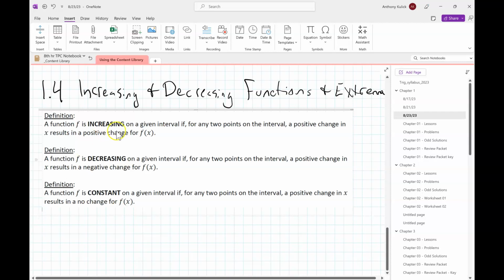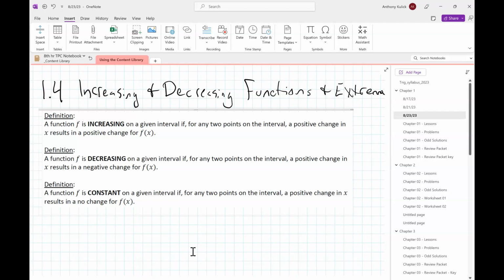We say that a function f is increasing on a given interval if for any 2 points on the interval, a positive change in x results in a positive change for f of x. For decreasing, it's just going to be a negative change for f of x. And for constant, it's no change for f of x.